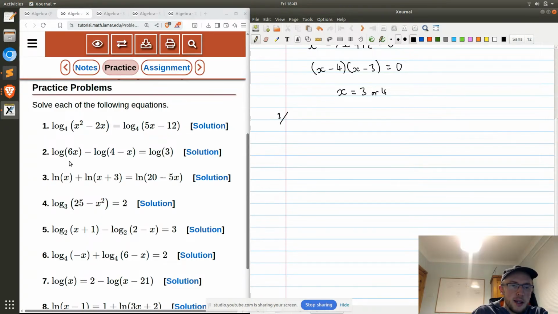Next one, this is saying that log of 6x over 4 minus x is equal to log of 3. And then I equate the arguments, and so 6x over 4 minus x is equal to 3. And then I'm going to multiply that up there.